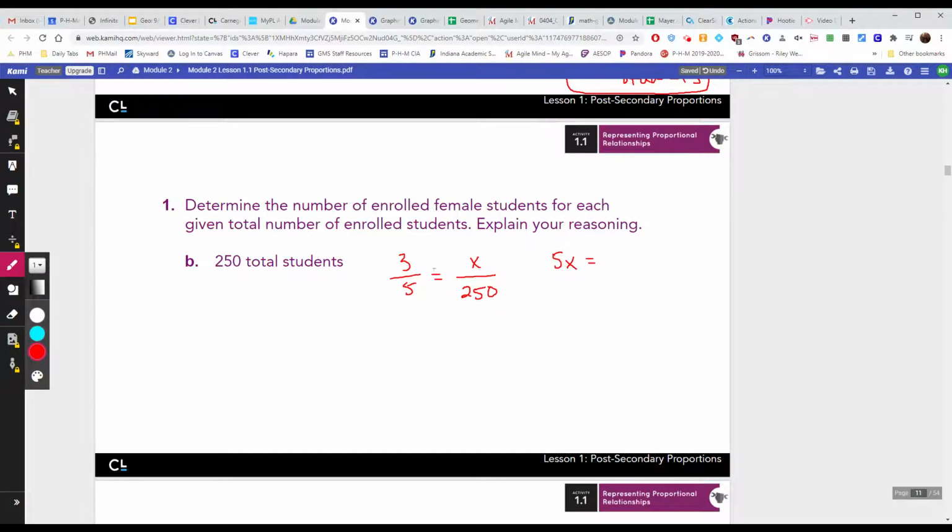That's equal to our other cross product, which is 3 times 250, 750. And then we would divide both sides by 5 to solve the equation. 750 divided by 5 would be 150. So there'd be 150 female students in this situation.